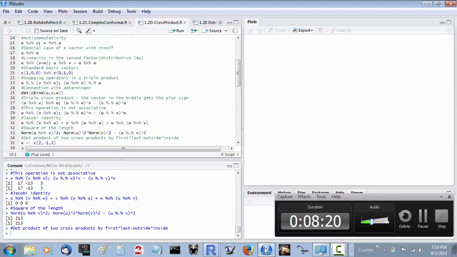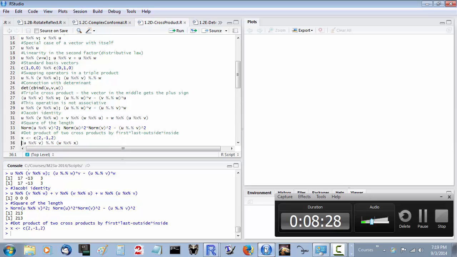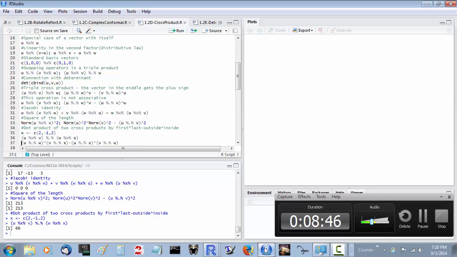It's even possible to take the dot product of two cross products. I need for this 4 vectors, so I've added a vector x to my compendium of vectors u, v, and w. And what I'm going to do is, first I'm going to take the cross product of u and v, then I'm going to take the cross product of w and x, and then I'm going to take the dot product of the two.